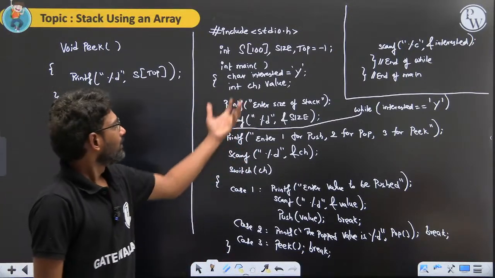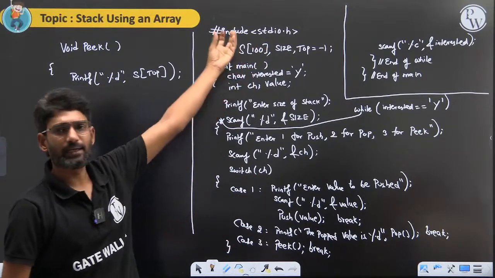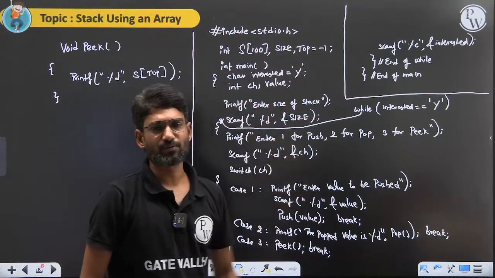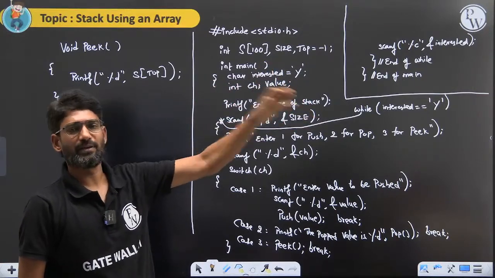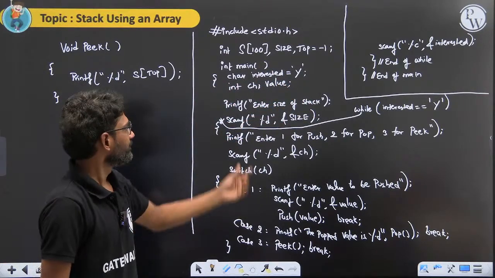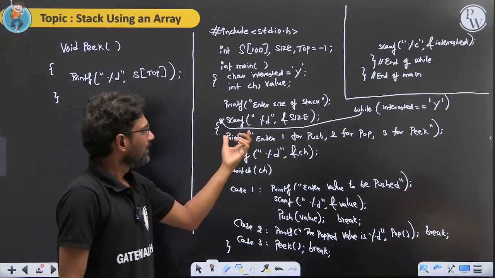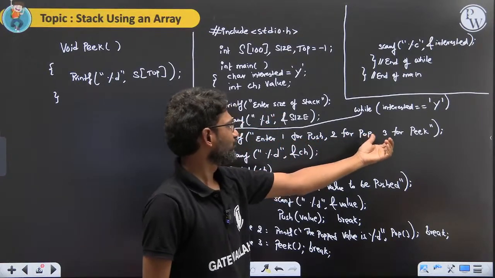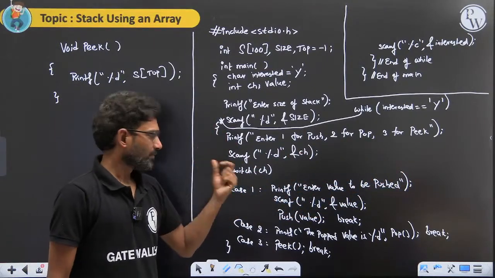Yeah. When you execute this, stack is created. Initially top is -1. Interested is equal to yes. Initially I am interested to do some operation. It asks for size of the stack. Let's say I have entered 5. Now enter 1 for push, 2 for pop, 3 for peek. Let's say I have entered 1.